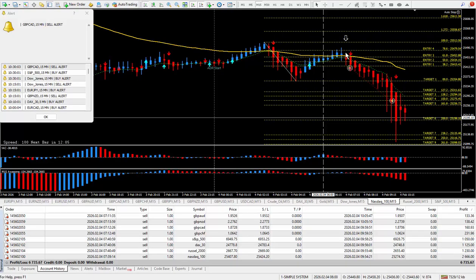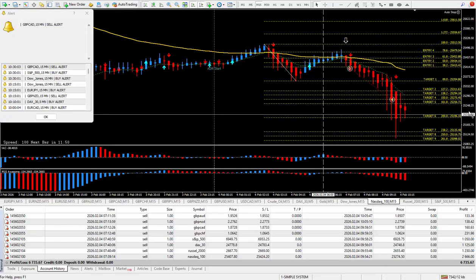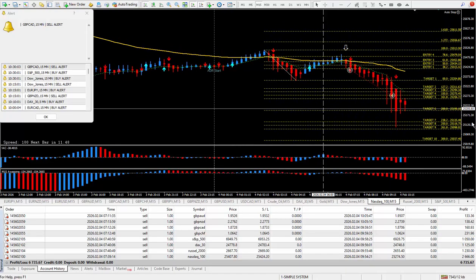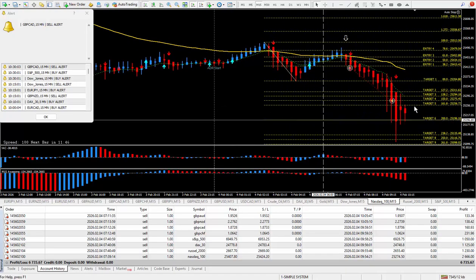There's your pullback, hit entry number 4. As a general rule, if it hits the entries, it'll usually make it at least to target 2, 3, 4, or 5. Today it hit target 6, 7, 8, and almost 9. Doesn't this FibMaster tool work so great? I love it a lot.